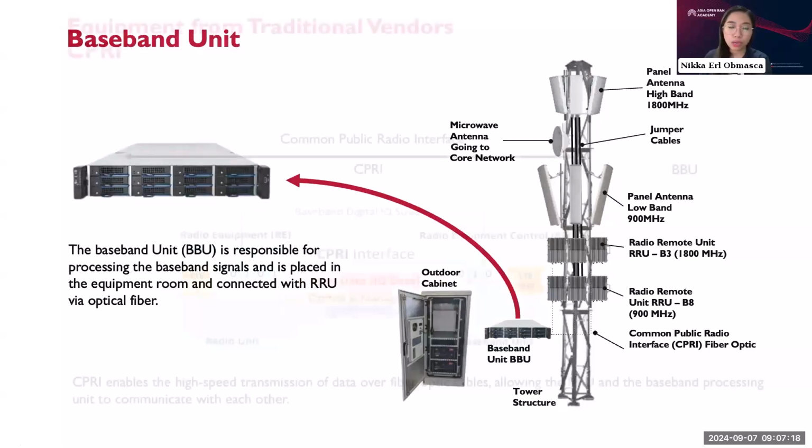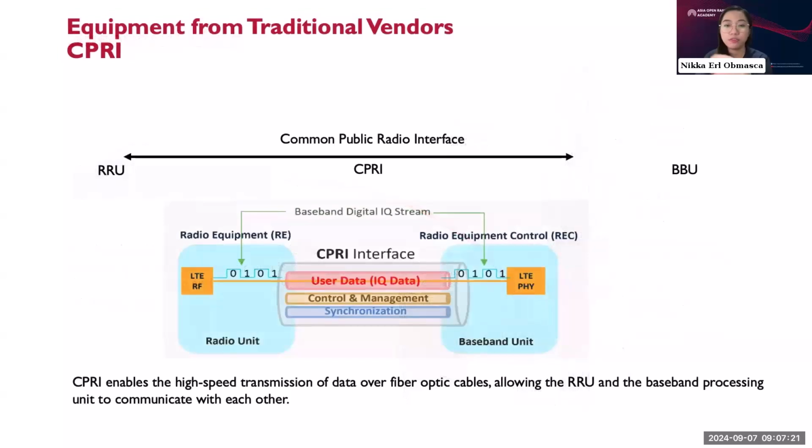So, aside from these two, ano pa ba yung isa sa equipments that we're using from our traditional vendors? So, the last one is what we call the CPRI or the Common Public Radio Interface. So, kanina sabi ko, it is a standard protocol used in mobile networks to connect different parts of a cell tower system.